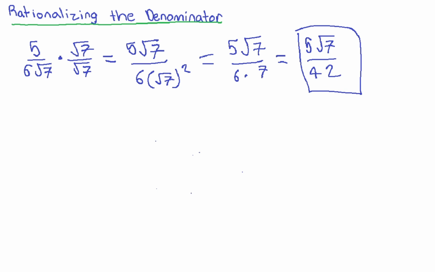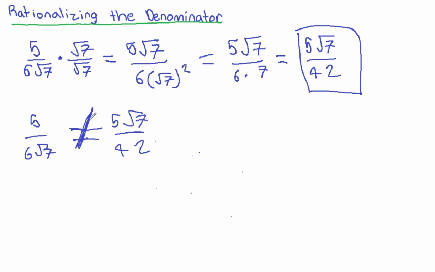If you multiply only the denominator by root 7, and not the numerator by root 7, then 5 over 6 root 7 and 5 root 7 over 42 will not be equal.